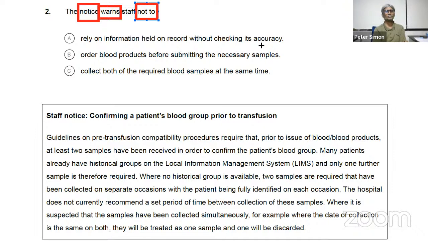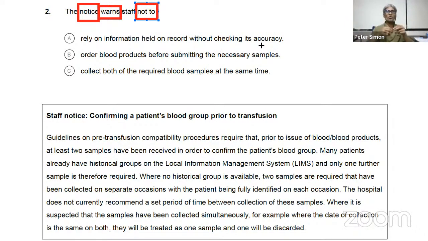So check the accuracy and then rely. That is what everyone says. Check its accuracy and trust. Order blood products before submitting the necessary samples.